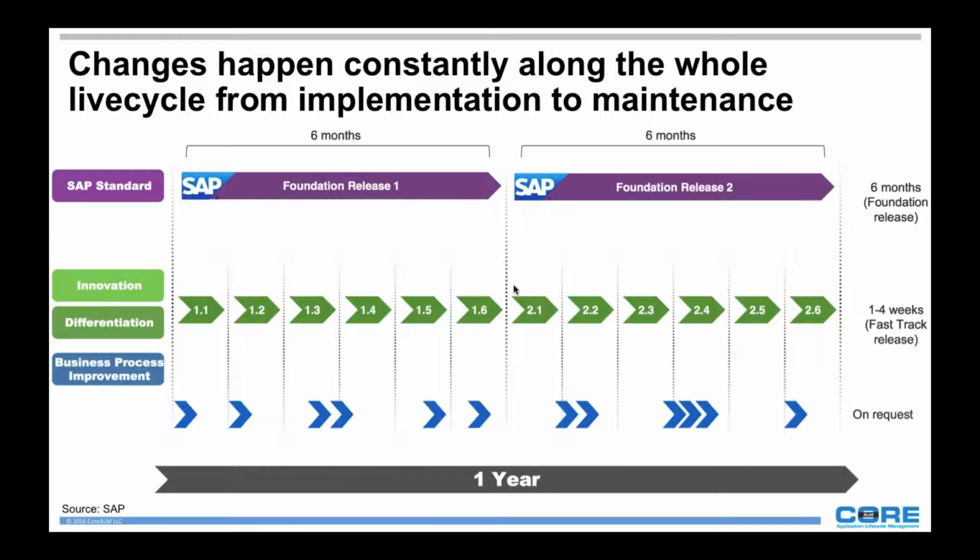So every customer has something like this today, every customer has change happening. You may have your major releases, with upgrades, enhancement packages, and things that take a lot of time. It's a major development in your environment. Based on SAP best practices, those can happen twice a year.